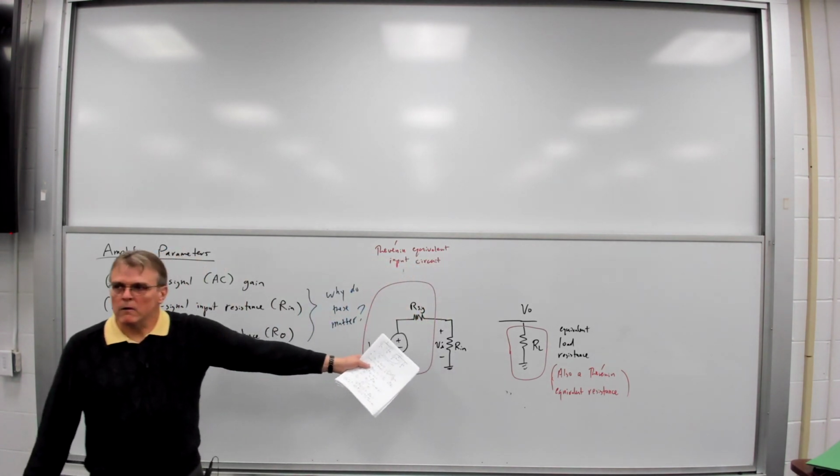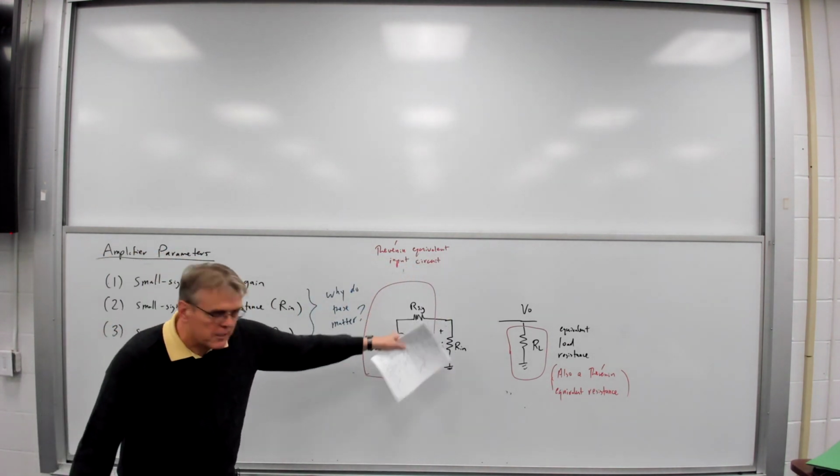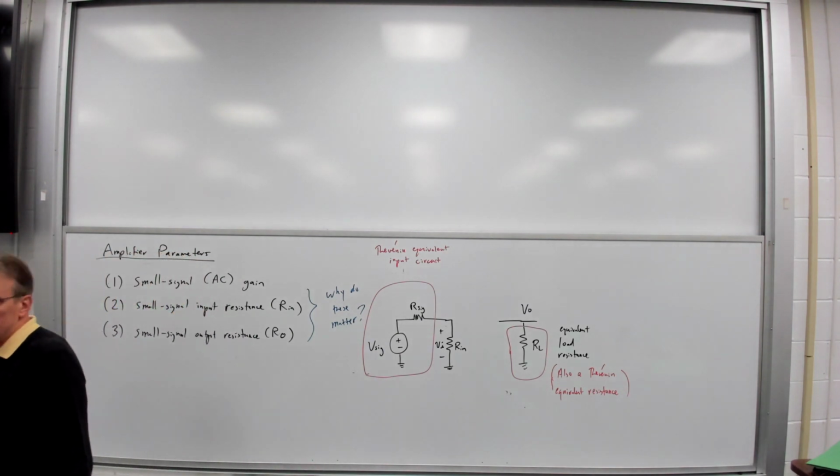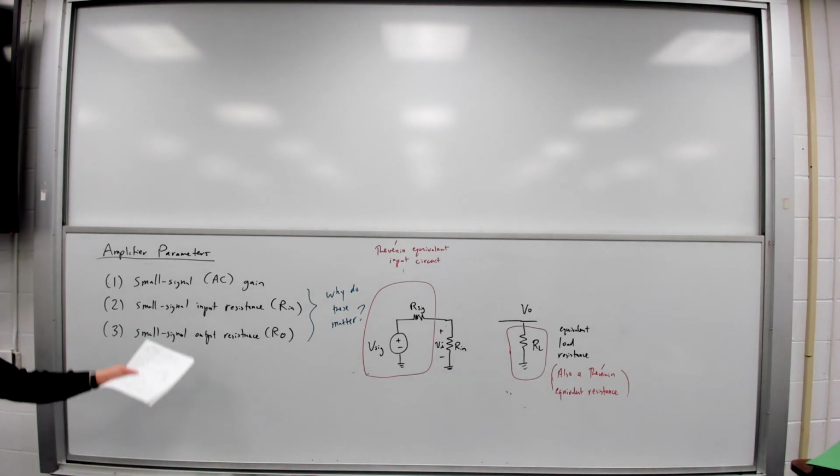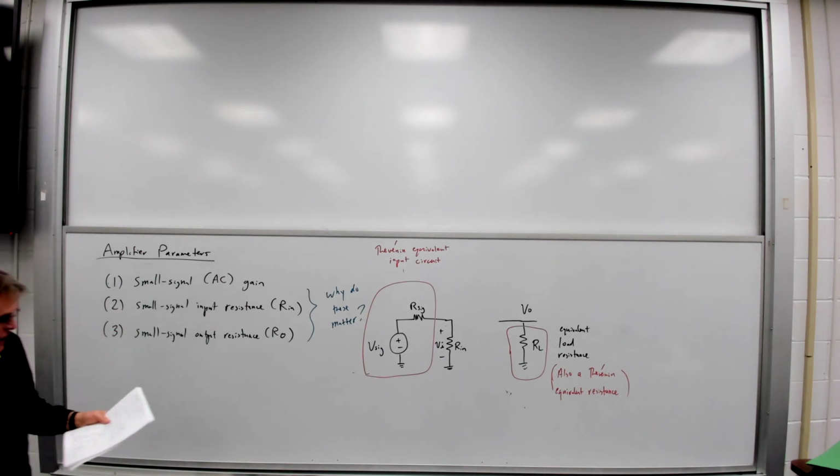So I'm going to model this amplifier. First, it's going to have its own input resistance. I'm just going to draw resistance. My amplifier circuit has an R sub i, a small signal input resistance.